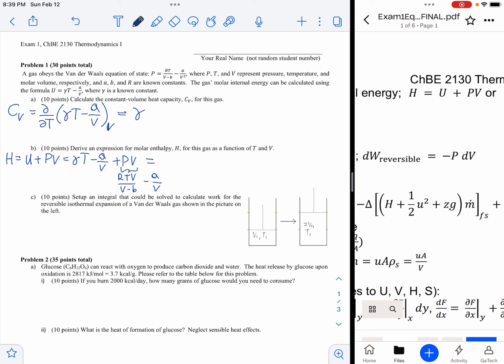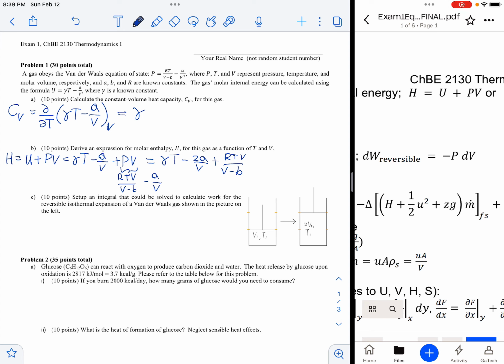I don't know if I would spend my time doing that on an exam, but might as well do that now. Gamma T minus 2A over V plus RTV over V minus B. That should be the answer for part B.